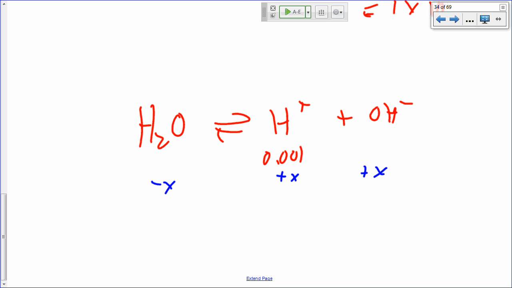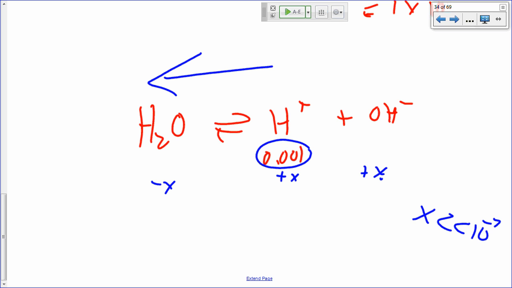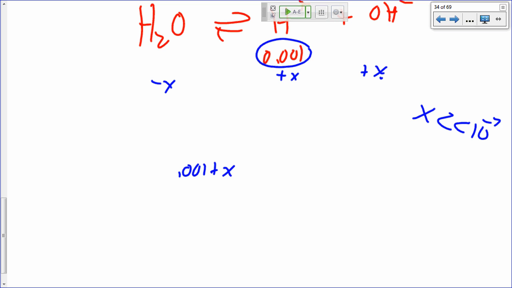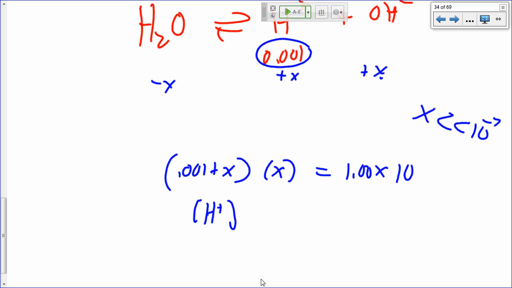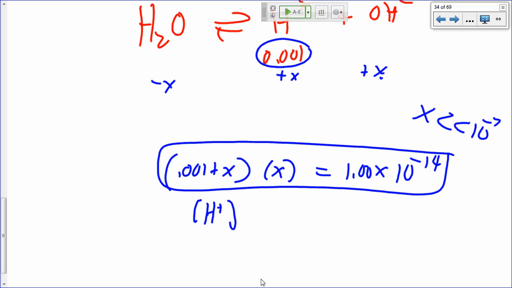Basically, what did you do by adding that 0.001? Le Chatelier's principle says you've shifted your reaction to the left. So this X is going to be significantly less than 10 to the negative 7. What's that X going to be? Well, you can find out. You can say 0.001 plus X is my H plus, and my hydroxide is X. That would be 1.00 times 10 to the negative 14.